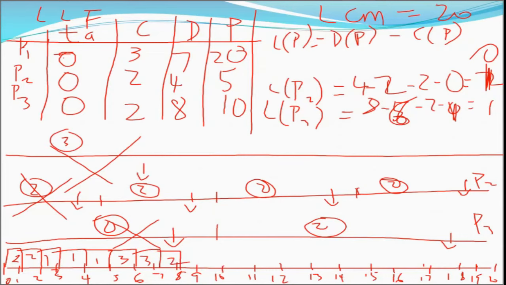Okay, now at 8, P2 is still active, right? Okay, so now P3 has not yet become active to start with a fresh 0, right? So now 8 minus 8 is 0. 2 minus 2 is 0. So the thing is now 0, right?